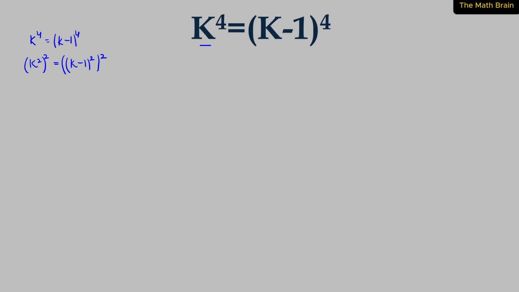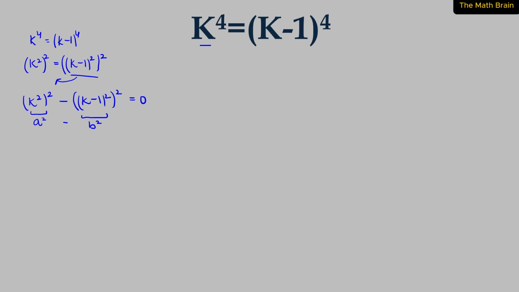Now, to simplify it further, we are going to take this right hand side expression to the left hand side and we will get (k squared) whole squared minus ((k minus 1) squared) whole squared is equal to 0. Now, this looks like a squared minus b squared.